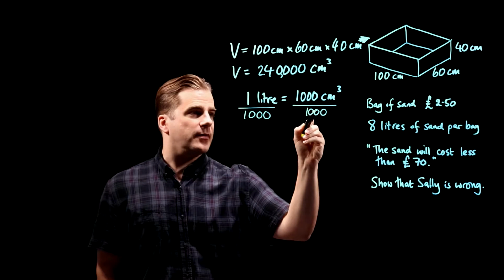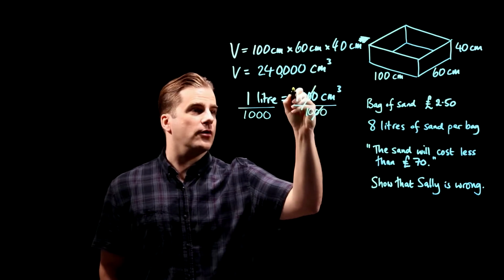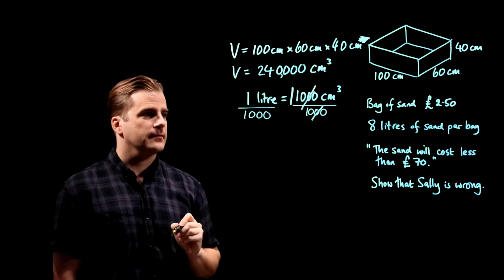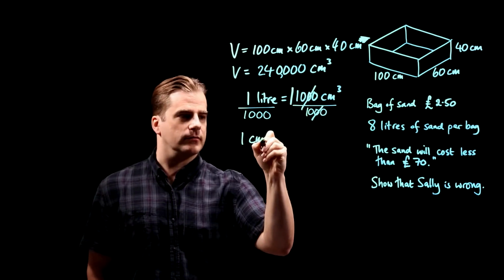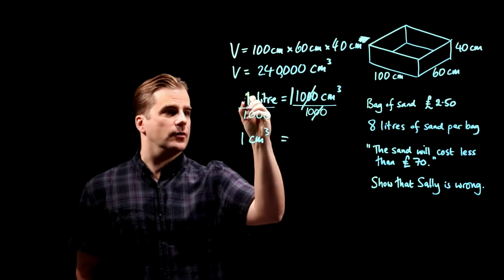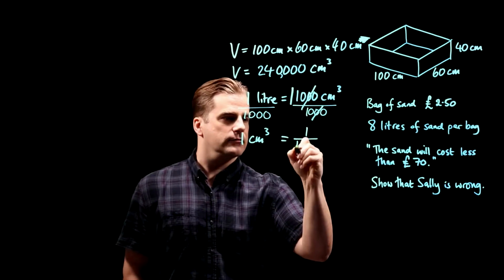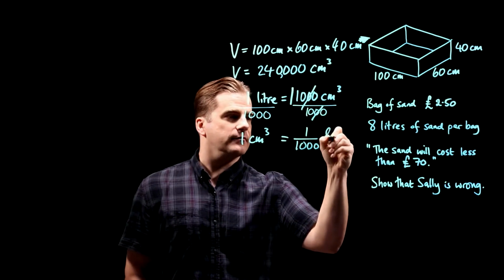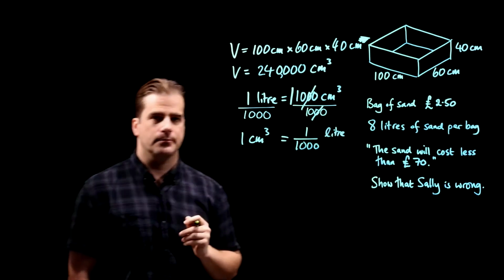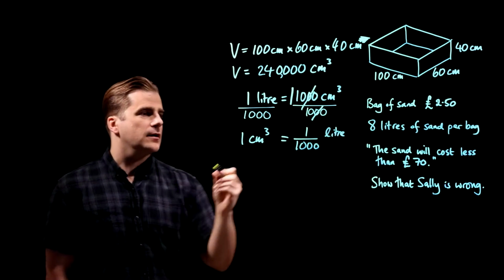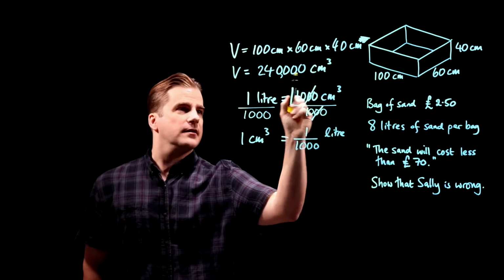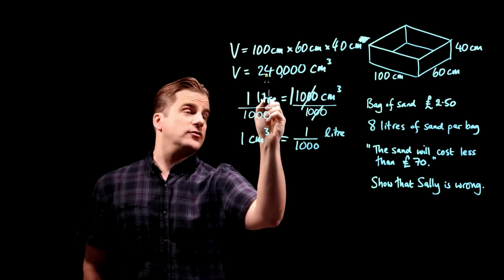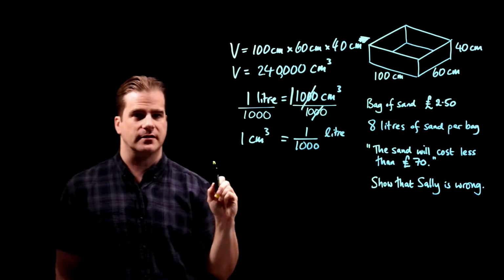So 1,000 divided by 1,000 is 1. Okay? So here we've got 1 centimetre cubed equals 1,000th of a litre. And that is 240,000 centimetres cubed.